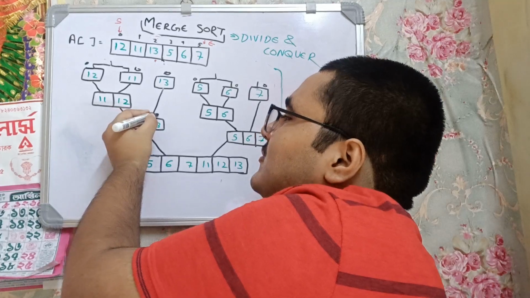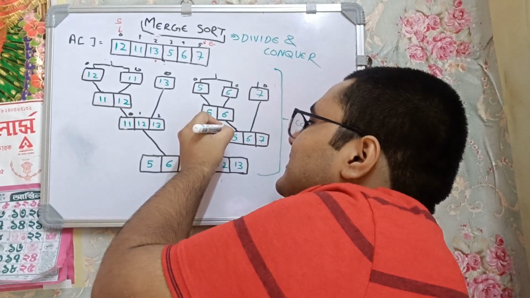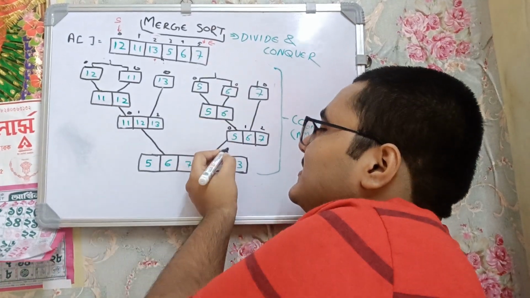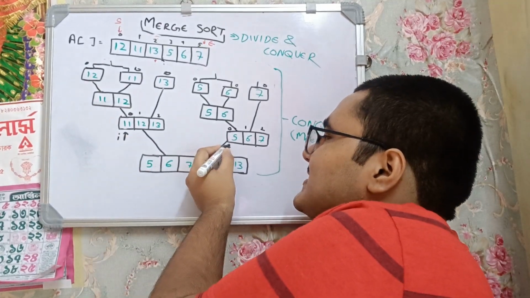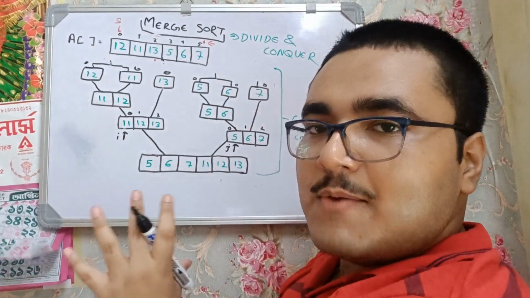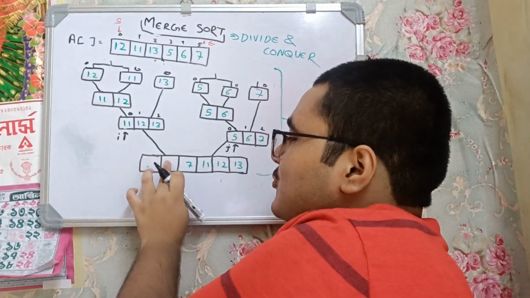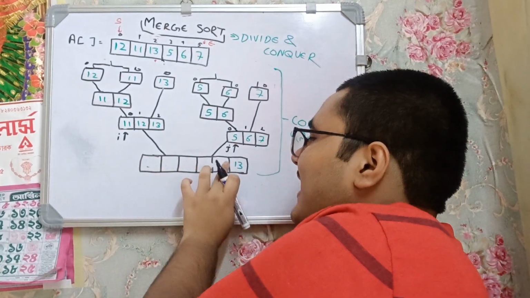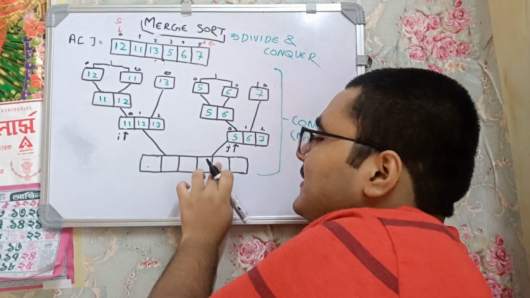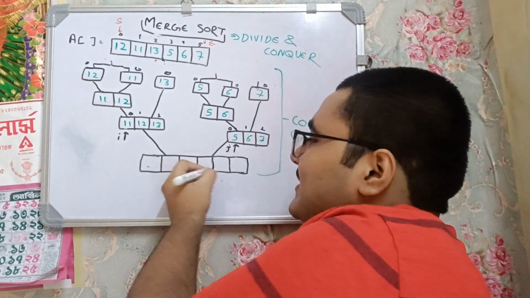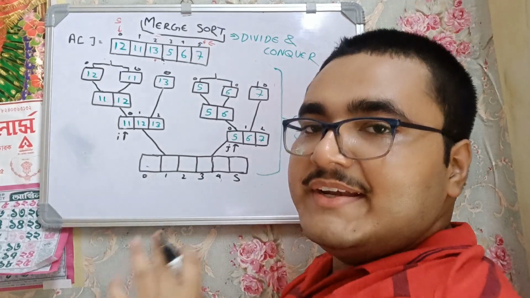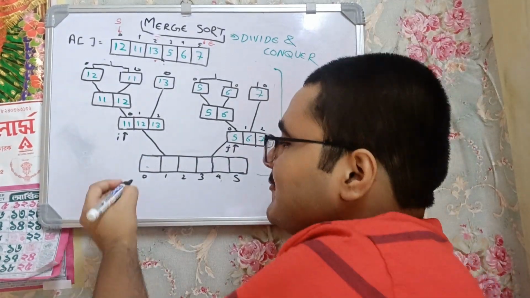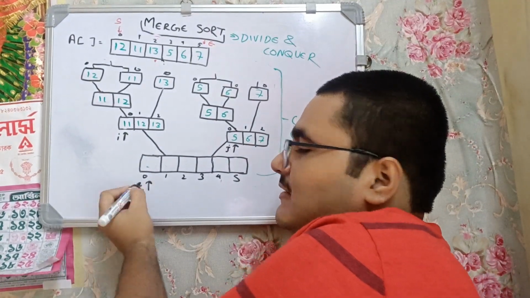Say you have an i pointer here and a j pointer here, and suppose I have not stored anything here yet. How will we do it? See, 0, 1, 2, 3, 4, 5. In the new array where we are storing, suppose a k pointer is working here.